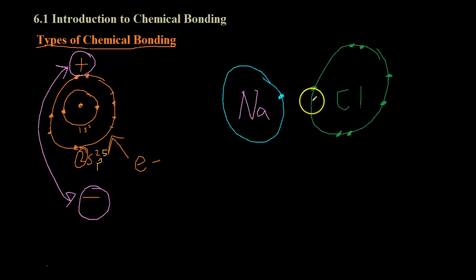What you'll find is that chlorine is very electronegative, so it'll take this electron off of the sodium, leaving this sodium positive and this negative. Now this is what is called an ionic bond, because, as you can see, the chlorine completely takes sodium's electron and adds it to its own valence, creating two different ions, which then attract, mutually bonding them together.